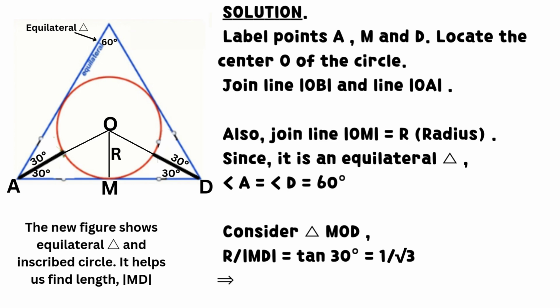Since it is an equilateral triangle, angle A equals angle D, which equals 60 degrees. Consider triangle MOD. R divided by line MD equals tan 30 degrees, which equals 1 divided by the square root of 3.